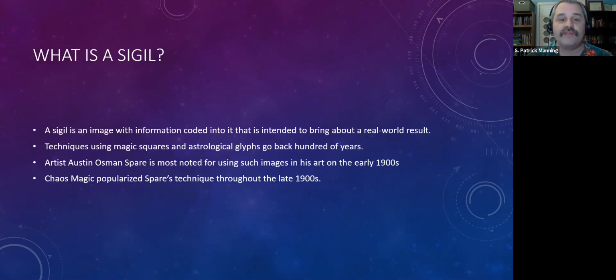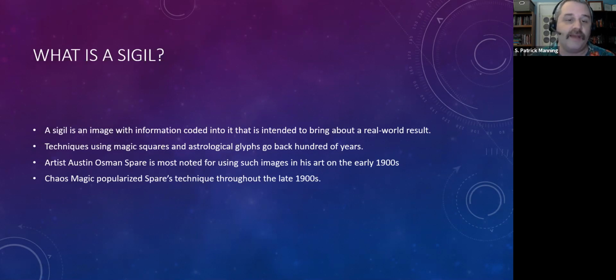One of the things he did was develop what he called an alphabet of desire, with repeating glyphs or images that he used to represent certain ideas in his work. He also developed a technique for writing something out and turning it into a visual image that you could use in an altered state of consciousness to project out and cause change.